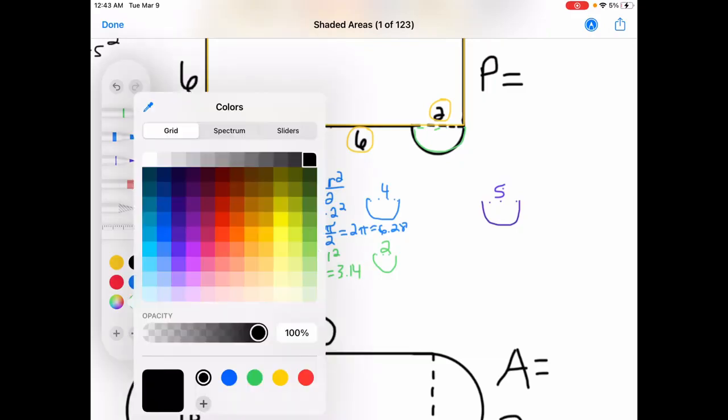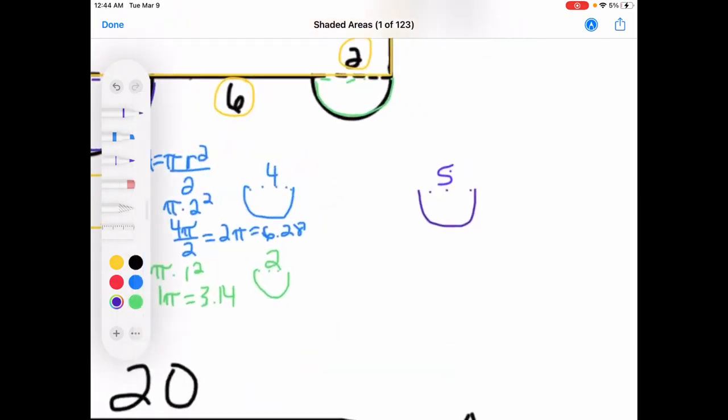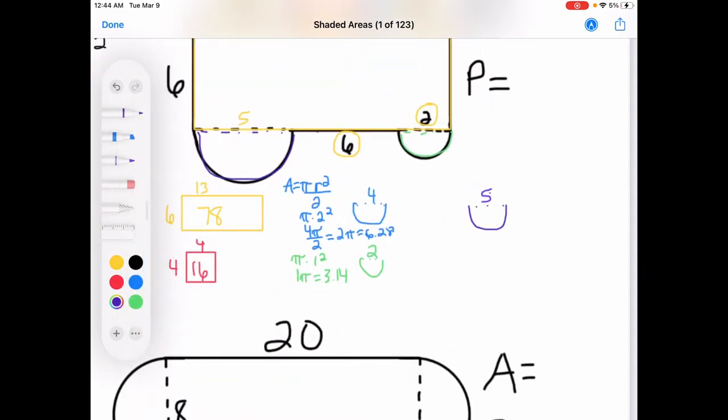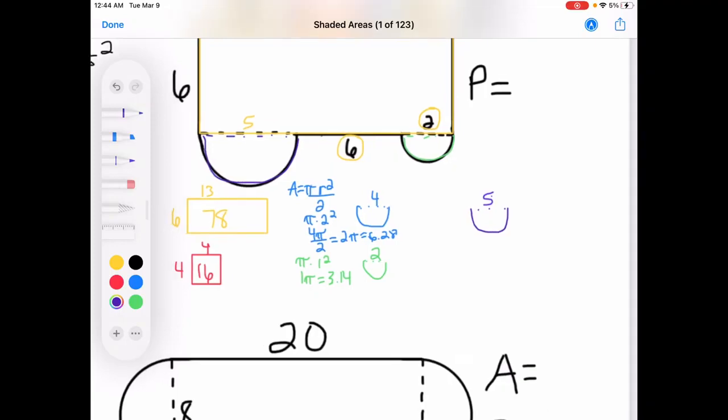And then we have our diameter of 5. So the radius would be 2.5. So pi times 2.5 squared would be 6.25 times pi. And I need to divide that by 2.